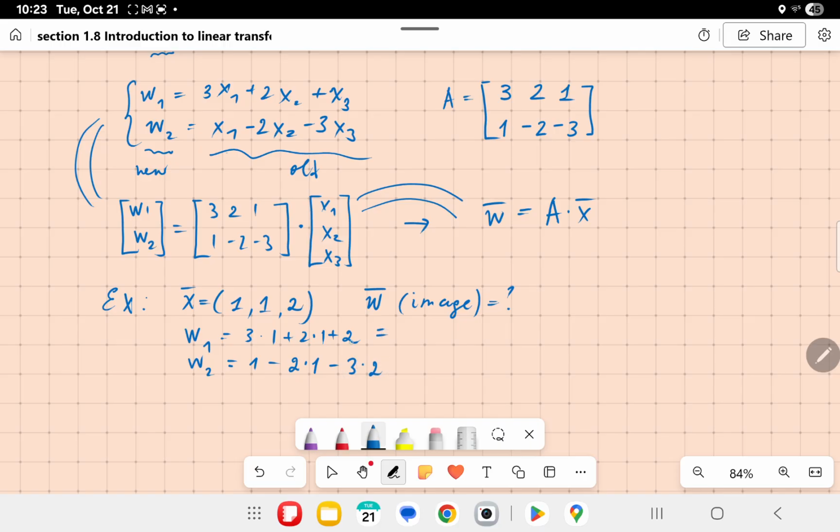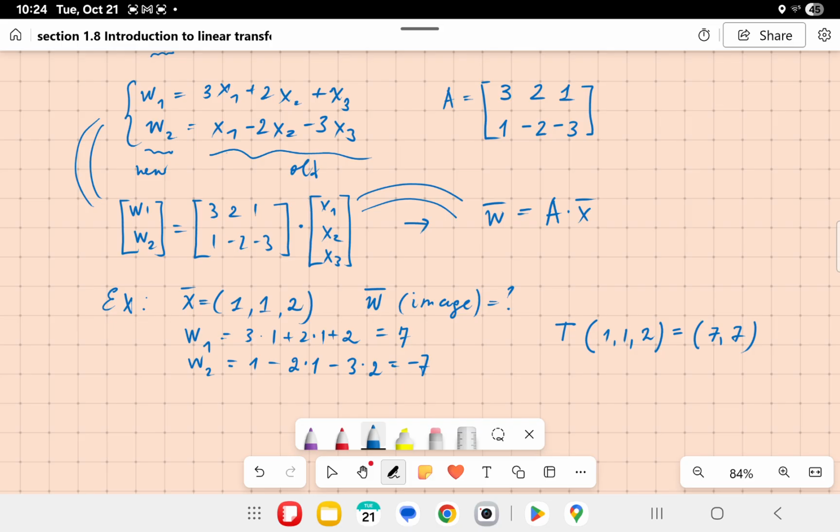So 3 plus 2 plus 2 is going to give me 7, right? 3 plus 4. And 1 minus 2 is minus 1, and minus 6, so it's going to be minus 7, right? So that's the image. You can write that the transformation of vector 1, 1, 2 is equal to vector 7, minus 7. Okay, and again, the result of a transformation is called the image.